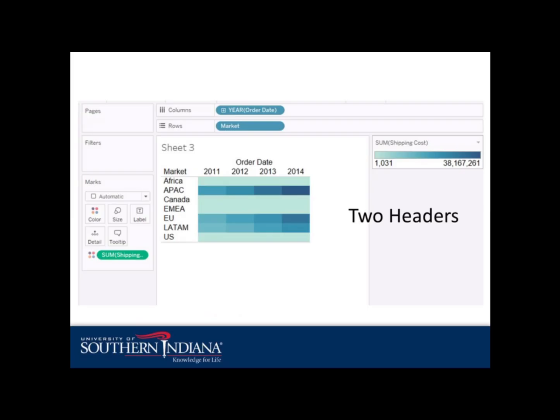So this is something that people sometimes, when they're using Tableau at first, get confused about, the difference between headers and axes. This is an example of a Tableau view with two headers. There are no axes here. And if I were to just start off making this view and I put market onto rows and order date onto columns without any measure, what's going to show up is what you're seeing here without the blue boxes.